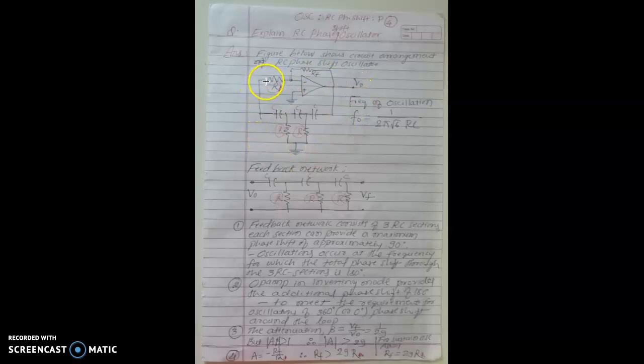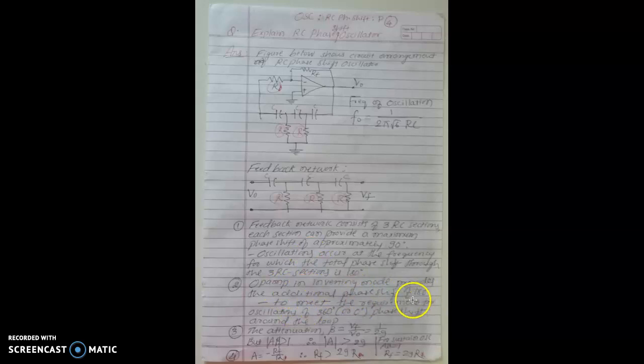And what is the amplifier going to do? You know about the inverting amplifier using op-amp. It also provides a 180 degree phase shift. So in total, we have 180 degree phase shift by the feedback network and 180 degree phase shift by the basic amplifier, the op-amp in inverting mode.